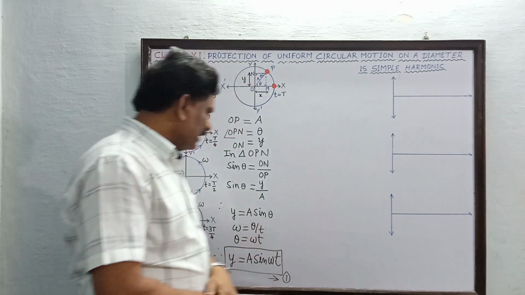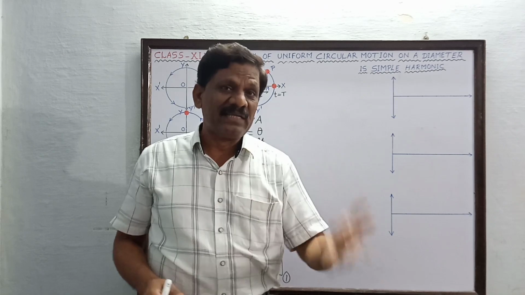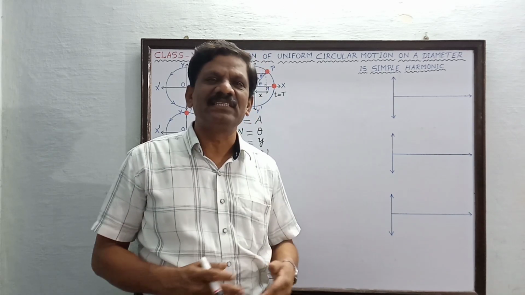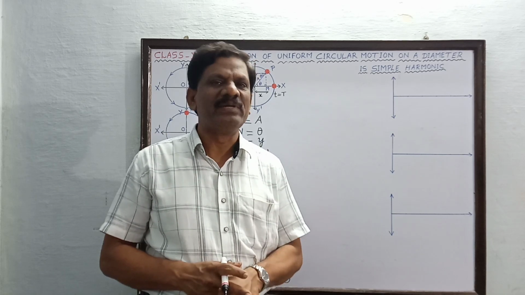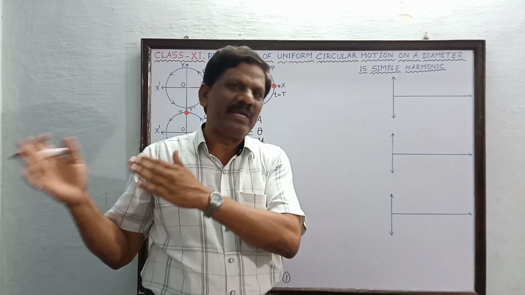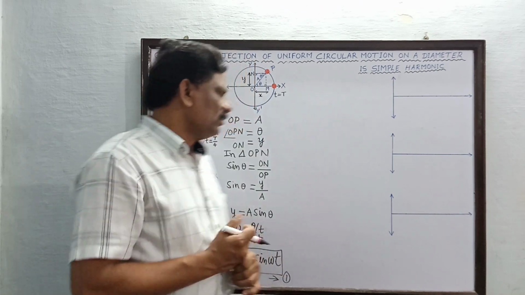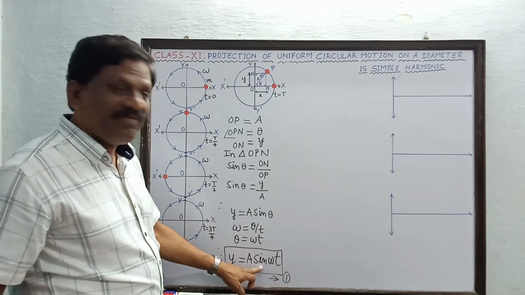Again, you must understand that in mathematics, a sine function, cosine function, minus cosine function, minus sine function, all these mathematical functions are called harmonic functions because they will be repeated again and again in the same fashion. So now you see equation 1 is a sine function.